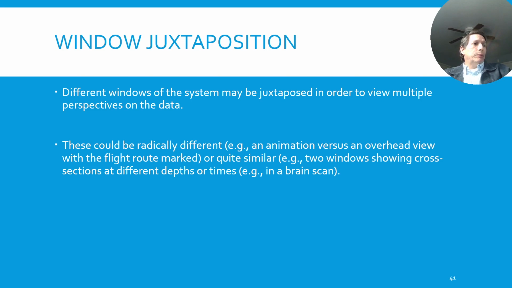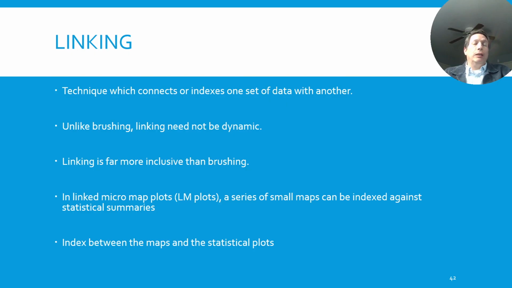And that's the example of a brain scan, for example, where you can have different perspectives of the data that the tool is combining for you to facilitate the interaction.